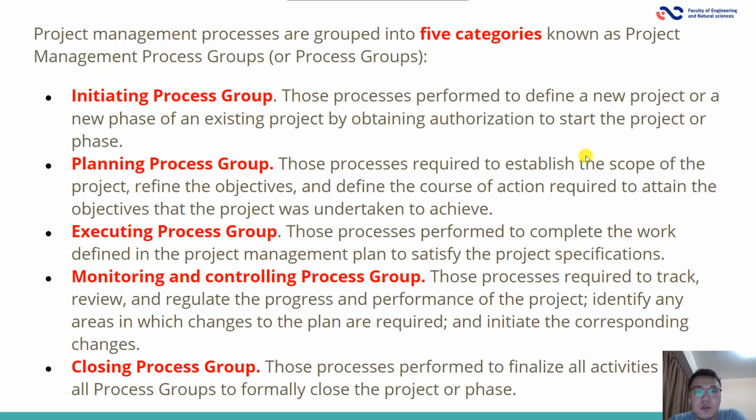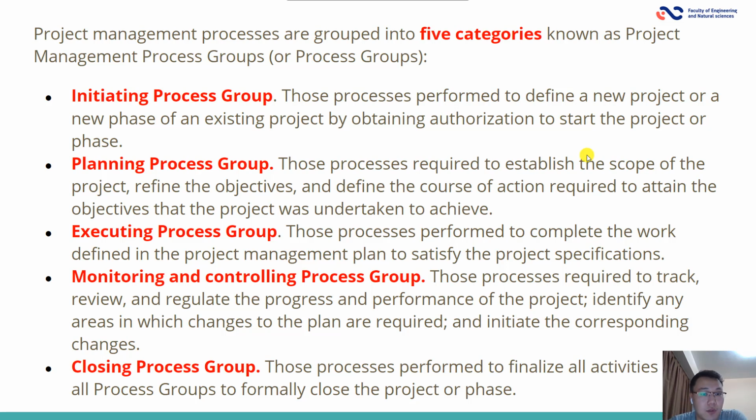Project management processes are grouped into 5 categories, known as the project management process groups, or just process groups. First is the initiating process group. Here, those are the processes performed to define a new project or a new phase of an existing project by obtaining authorization to start the project or phase.